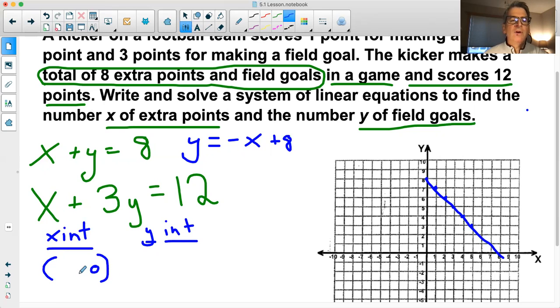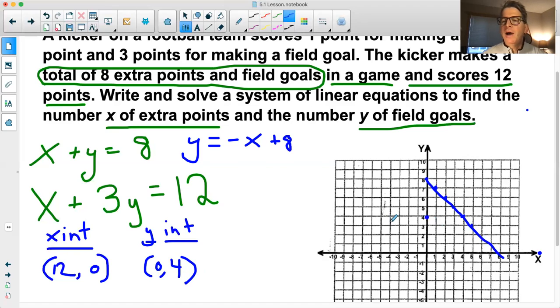If y is 0, x is 12. And if x was 0, y would be 4. So let's graph these 2 points: 12, 0, and 0, positive 4.